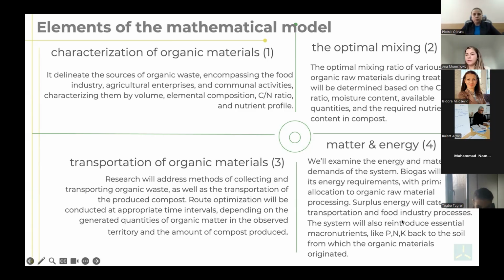That was communal activities, and there you can find organic waste from households.